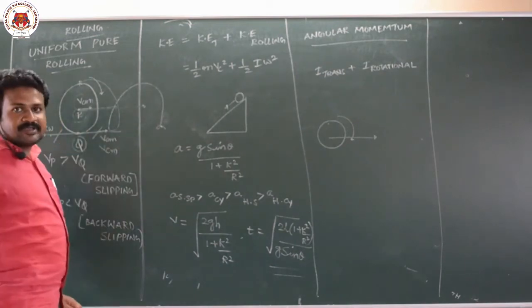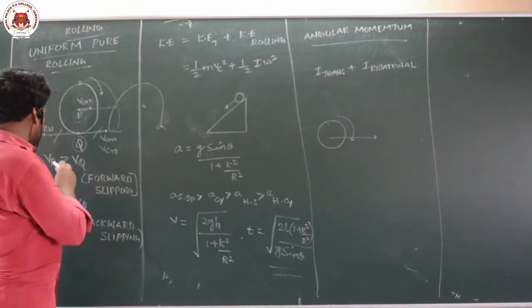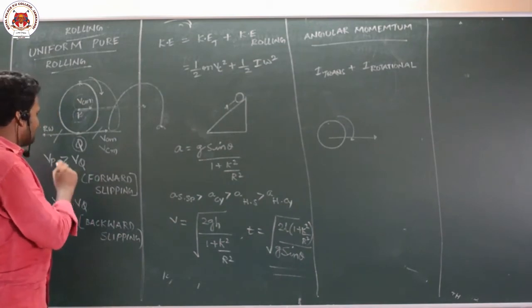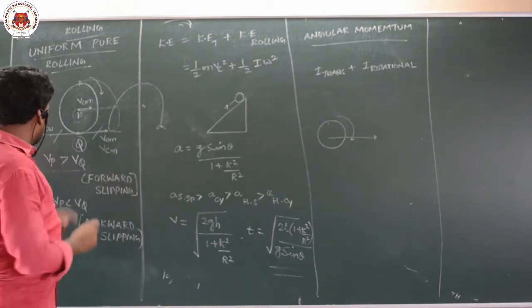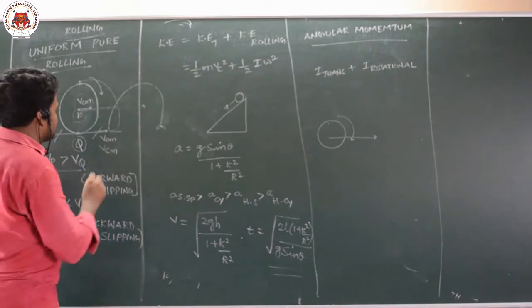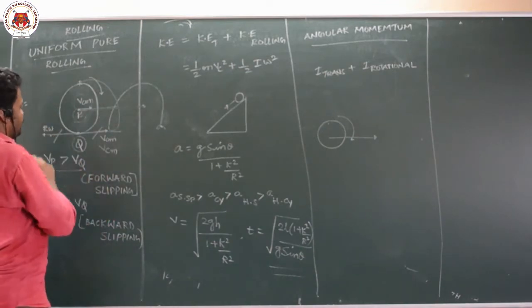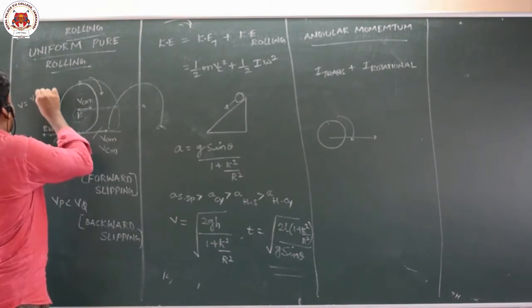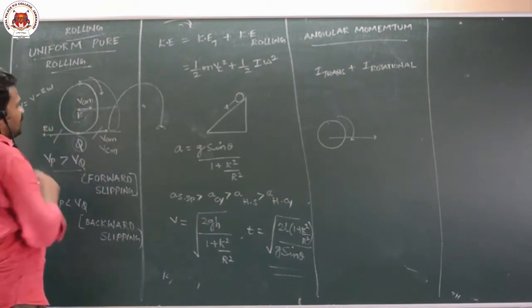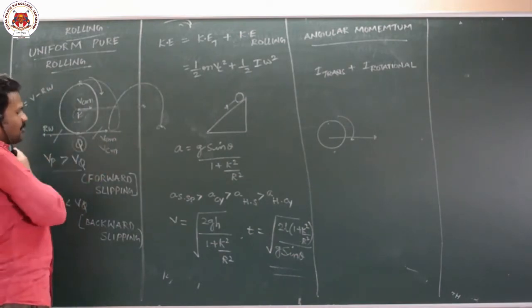Here the net velocity at Q will be V minus R omega, because Vcm is in this direction and R omega is in the opposite direction.